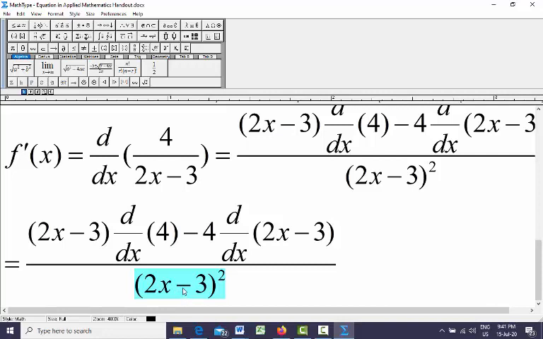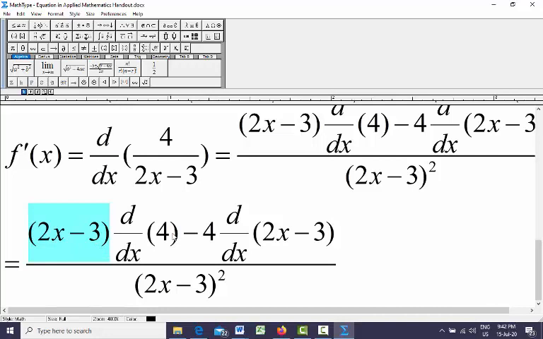You just leave it like that. This 2x minus 3 is behind d by dx, so whatever you have behind d by dx, you don't need to do differentiation of that one. Since it is behind d by dx, it can be left as it is.